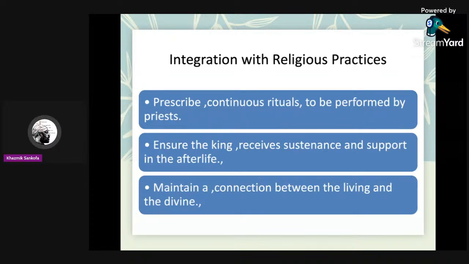So there's an intimate connection between the acts done on earth and what happens in the afterlife. That's one difference between Kemetic spirituality and Indian spirituality, or at least some aspects of Indian spirituality.